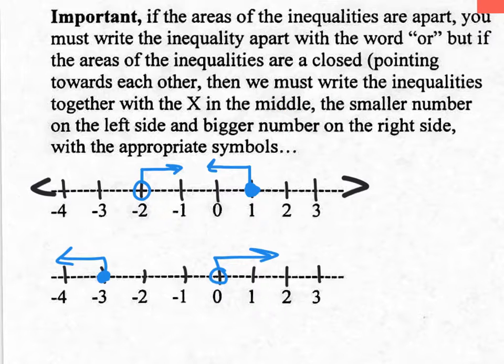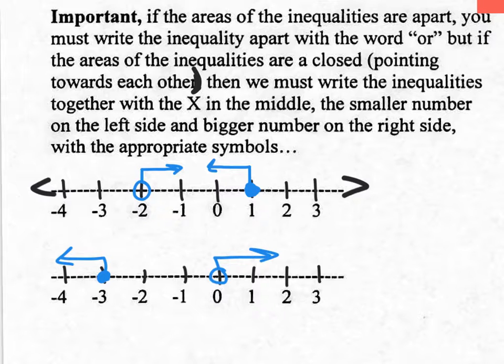The smaller number has to be on the left side, the bigger number has to be on the right side with the appropriate symbols. So not only do we need to be able to graph compound inequalities, but we need to be able to look at the graph of the compound inequality and write it as a compound inequality. Okay? I think I forgot to close the parenthesis up here.